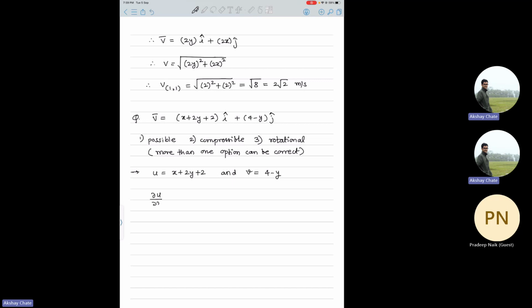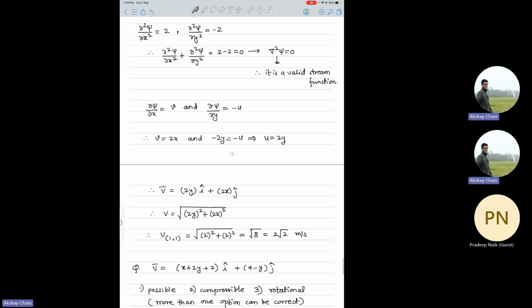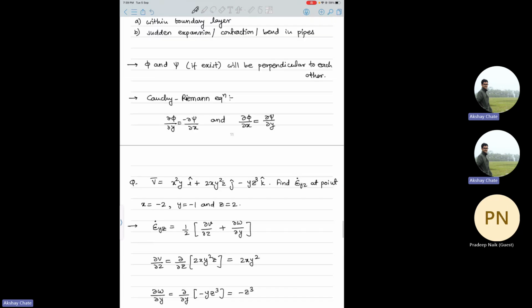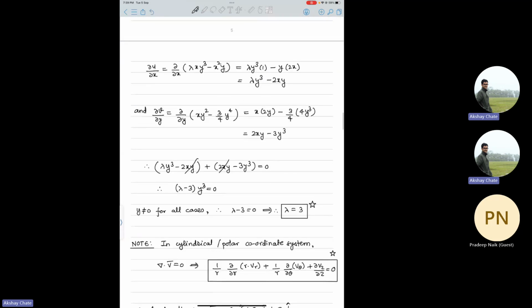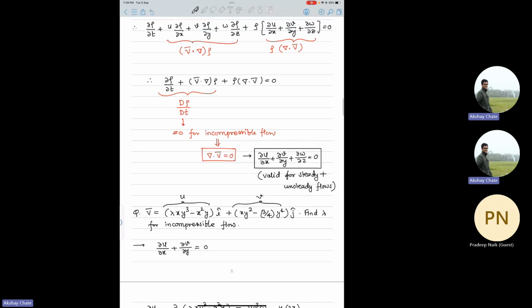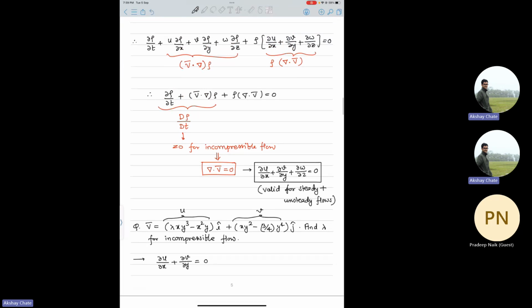Del u by del x plus del v by del y equal to 0, right? One second. No, this is for incompressibility, right? Yeah, this is for incompressibility.